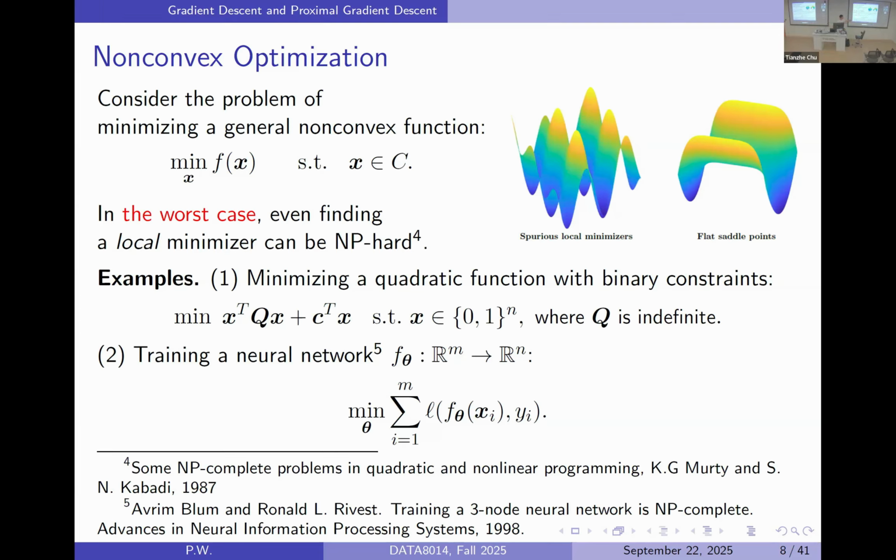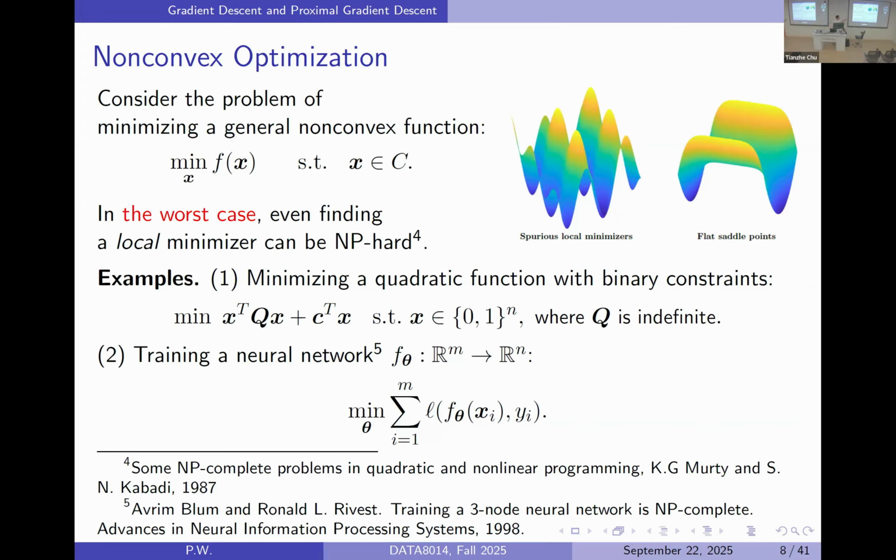It has been shown in the literature that in the worst case, finding a local minimizer of a non-convex problem like the above can be NP-hard, let alone the global minimizer. Finding a local minimizer is NP-hard.